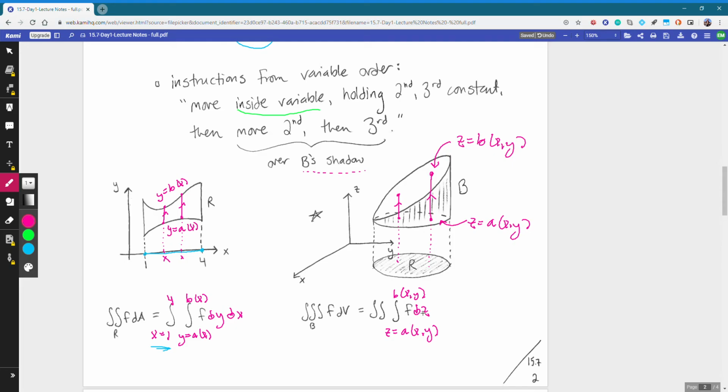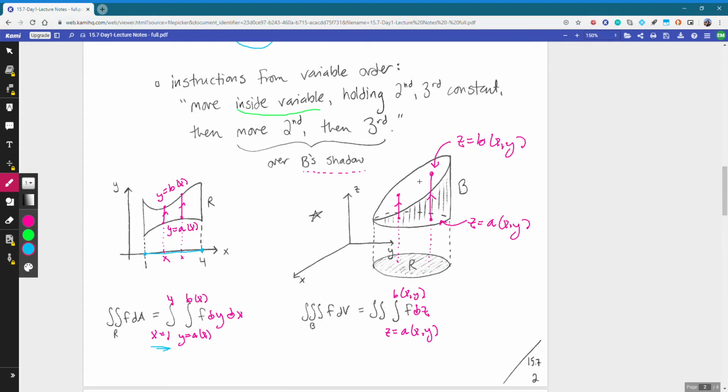And now the question is, what xy points do we do this for? What xy points are going to be underneath this wedge that as we move up, we're actually going to move through this solid here? And the answer is, they're the xy points in the shadow of this thing.